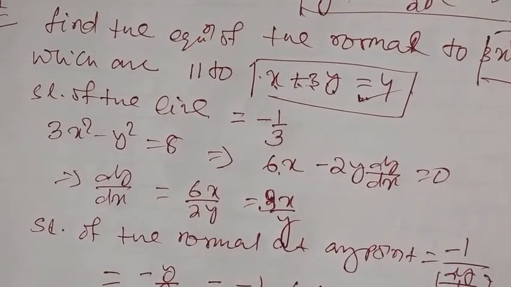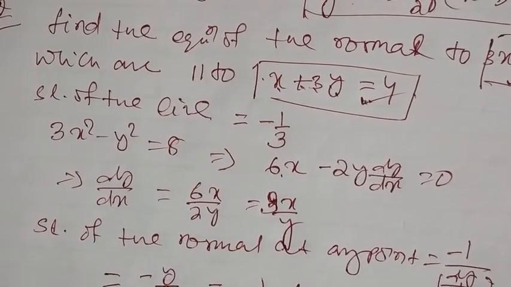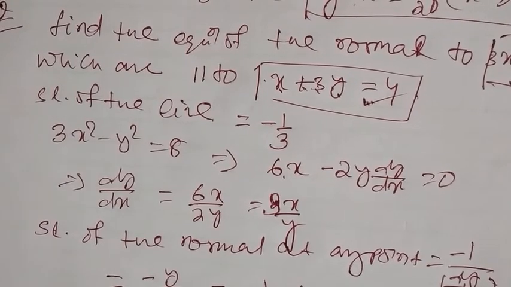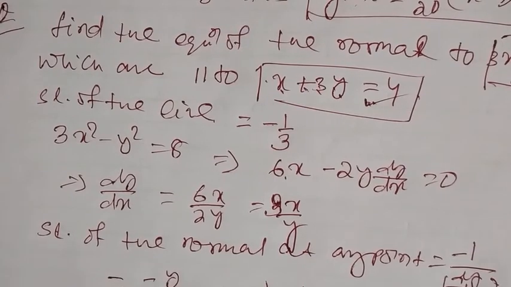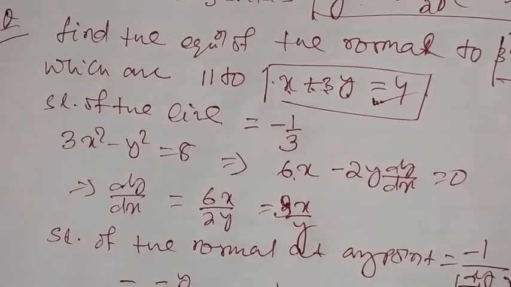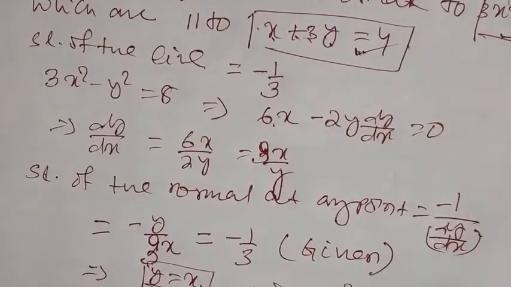Now, putting y equal to x in the given equation, kya mila? 3x square minus x square is 8. So 2x square is 8. So x is plus minus 2. And y is also, when x is 2, y is 2. When x is minus 2, y is minus 2.